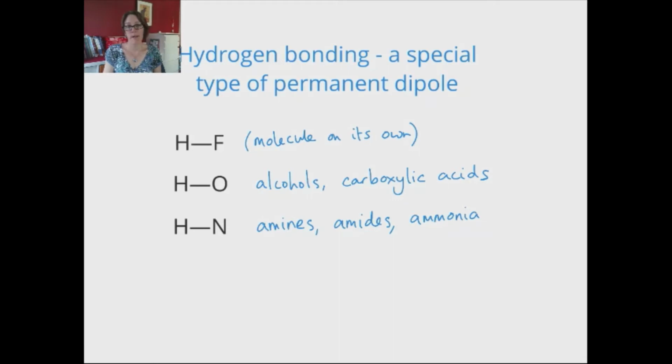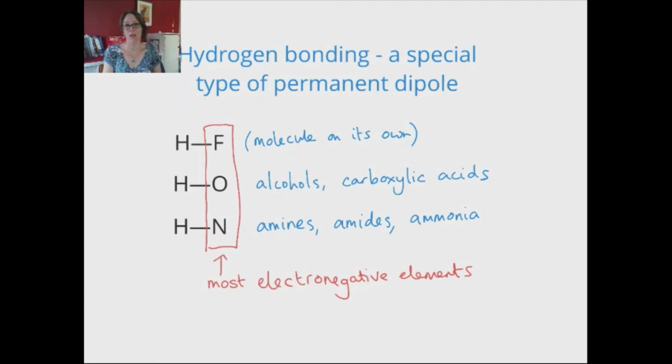So why is it a special type of dipole? Well, these three elements are in the top right-hand corner of the periodic table, which makes them the most electronegative elements on the whole periodic table. So they have the strongest ability to withdraw that pair of electrons that they're sharing with the hydrogen. So that delta negative is going to be extremely delta negative.